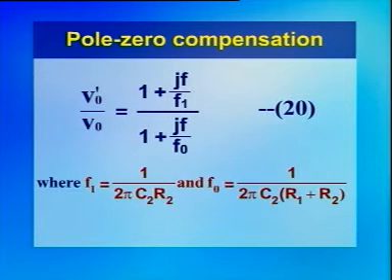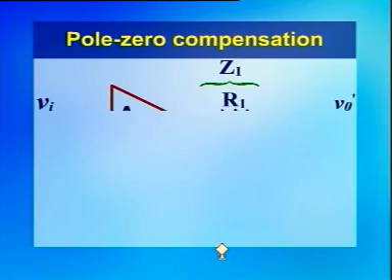Now substituting the values for Z1 and Z2 in the above expression of V naught prime by V naught, we get V naught prime by V naught equal to 1 plus jf by f1 by 1 plus jf by f naught, where f1 equal to 1 by 2 pi C2 R2 and f naught equal to 1 by 2 pi C2 into R1 plus R2.